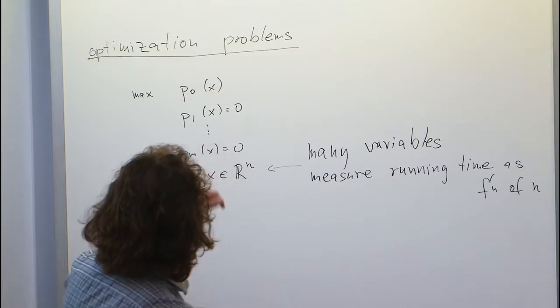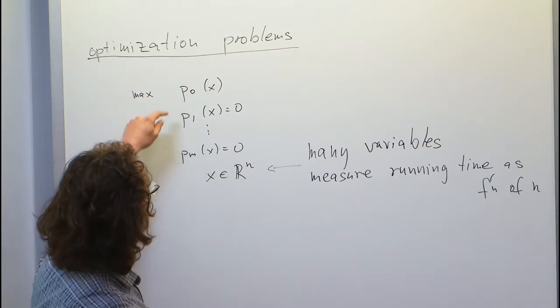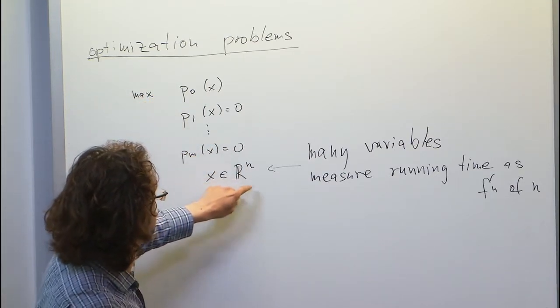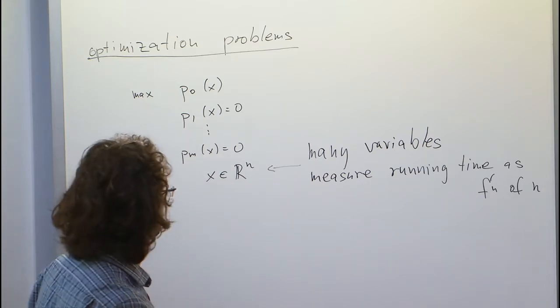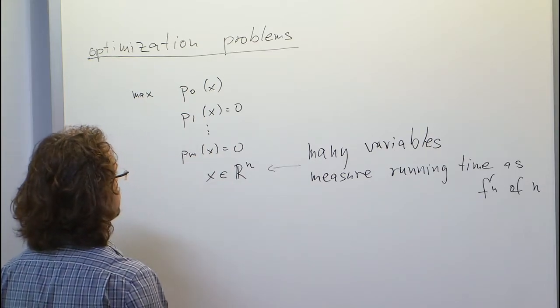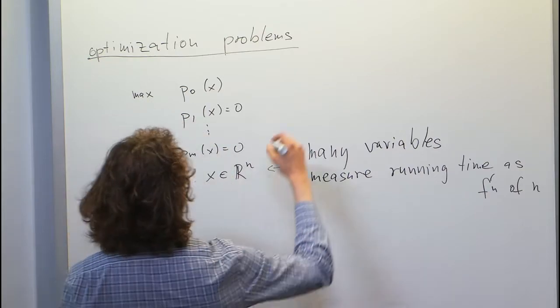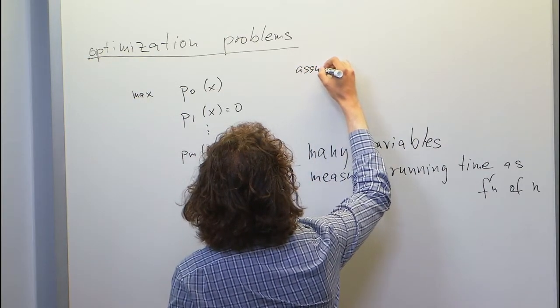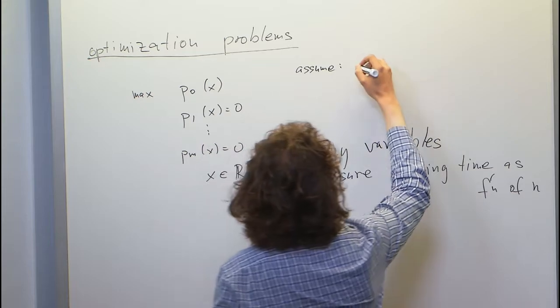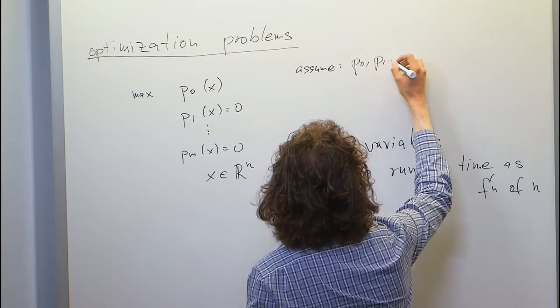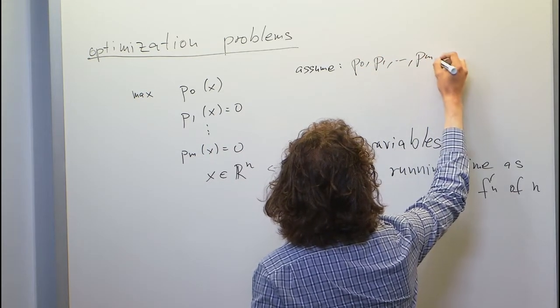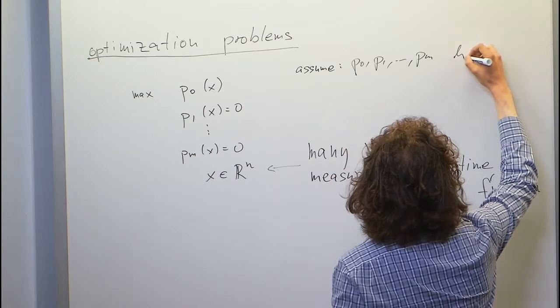If we talk about real valued functions on real vectors, we have to say how we encode these functions. The way we will do this is that the functions p0, p1 to pm are low degree polynomials.